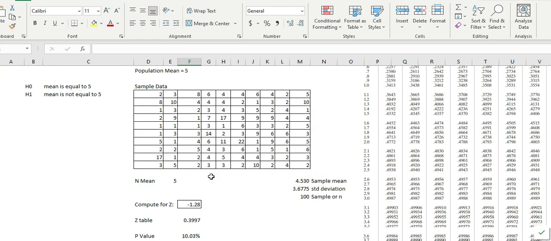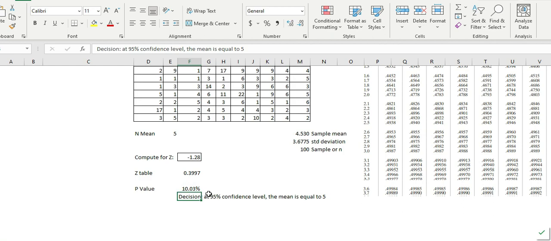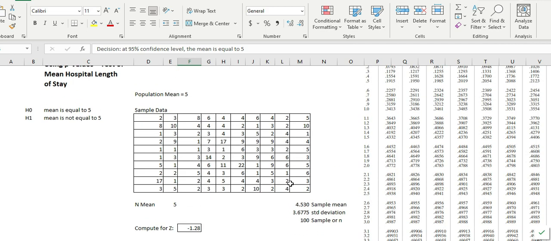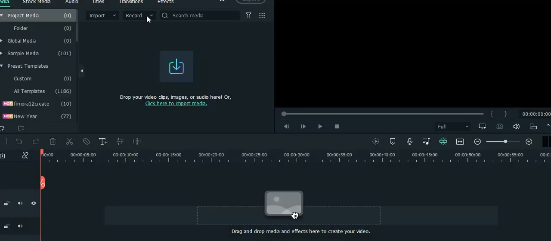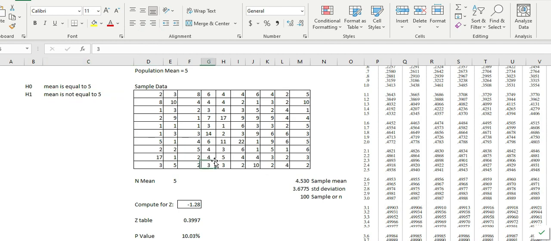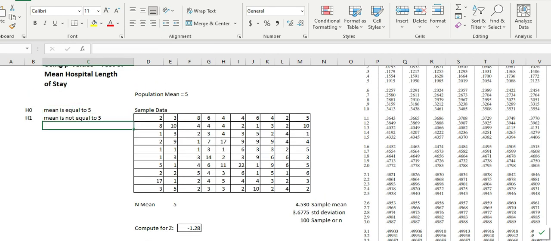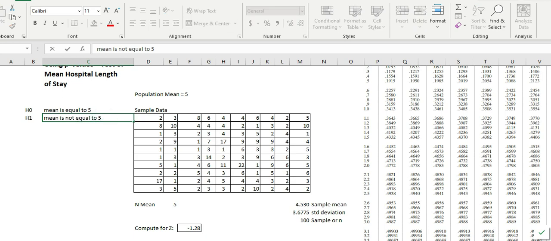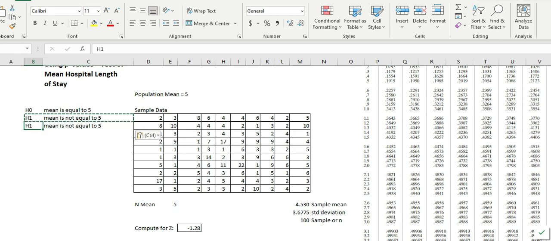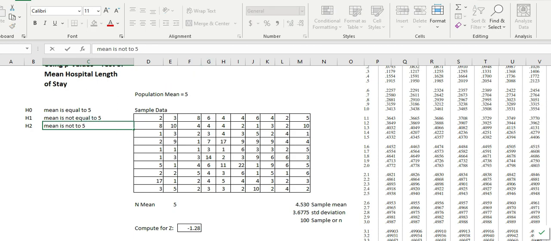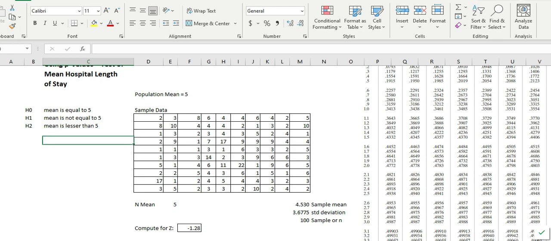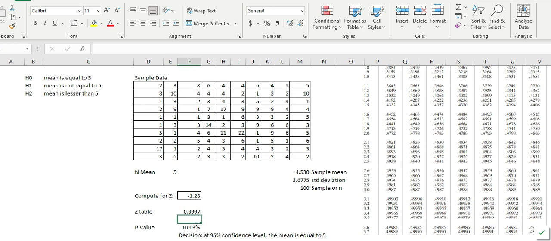So that's how to compute the p-value. Or even if we say the alternative hypothesis is that the mean is lesser than 5, we cannot really say so, because the p-value is 10% and we're using a 95% level of confidence.